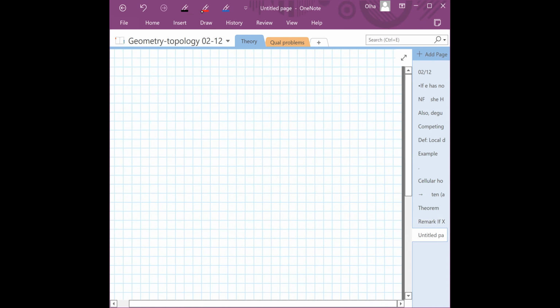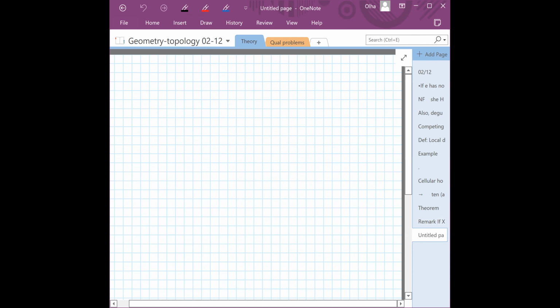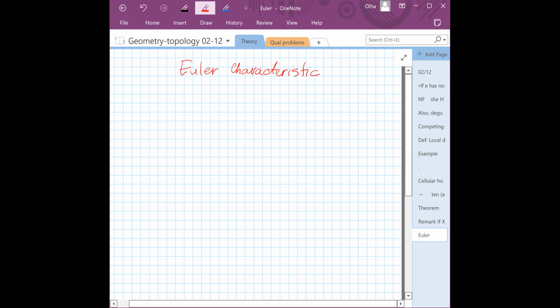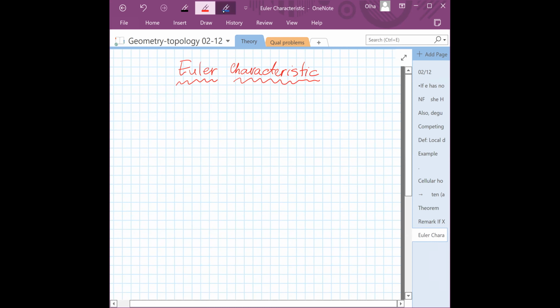Okay, I have just one page of theory left. The next thing is Euler characteristics. There is not much yet about this.